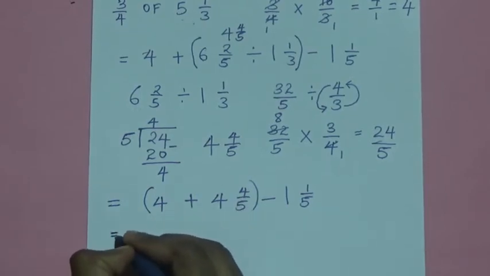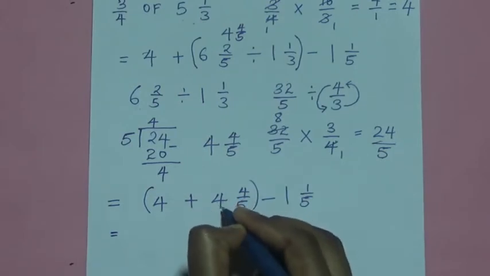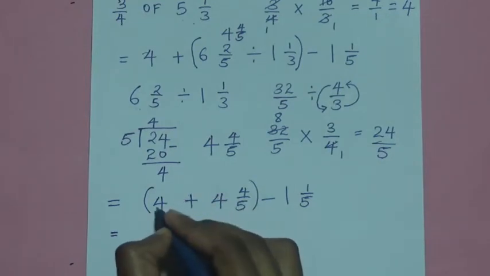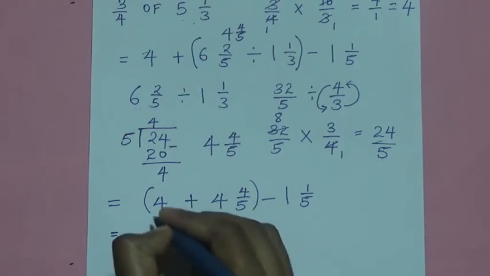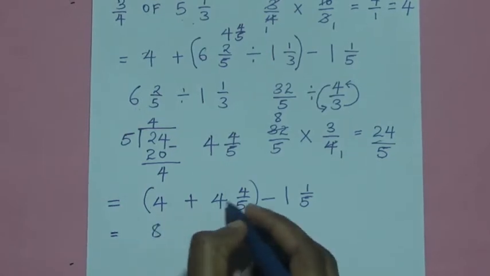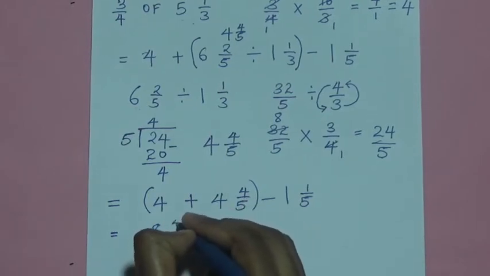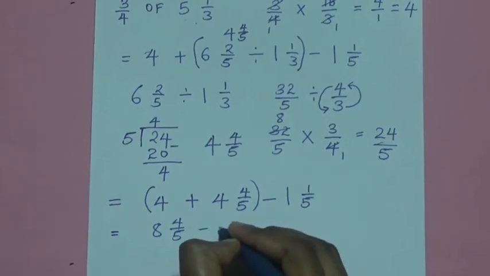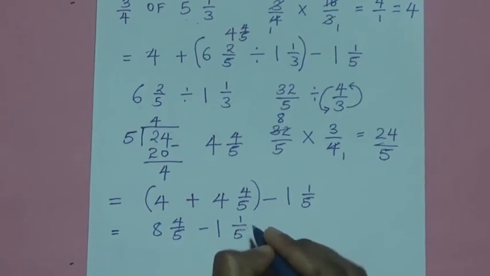Now, you have a whole number you are adding to a mixed fraction. So what you simply do, you add the whole numbers. So it will be 4 plus 4, which is 8, and then you add the fraction. So it will be 8 and 4 over 5. You subtract 1 and 1 over 5.